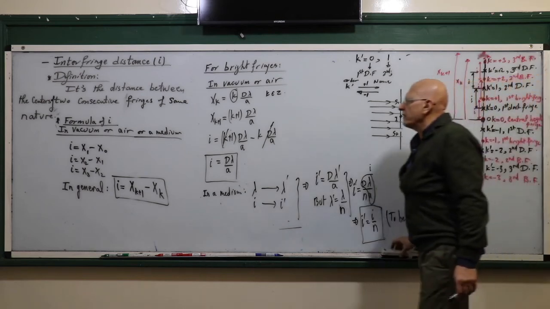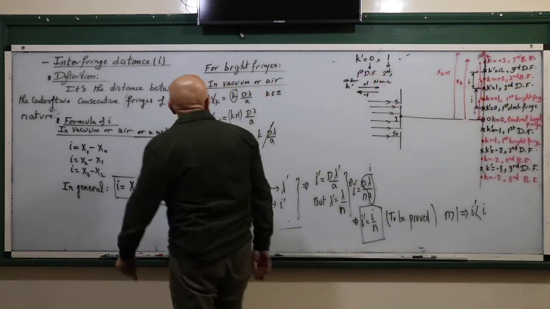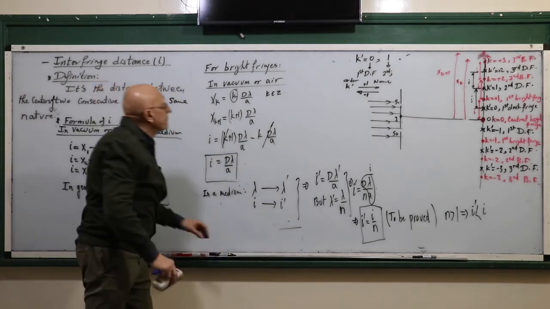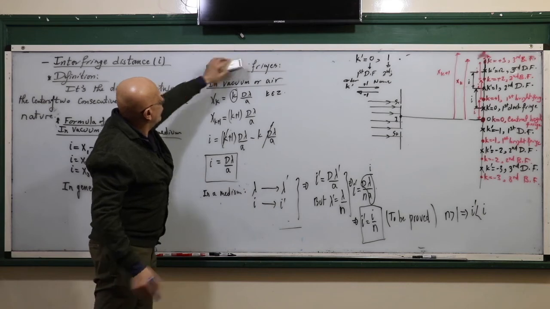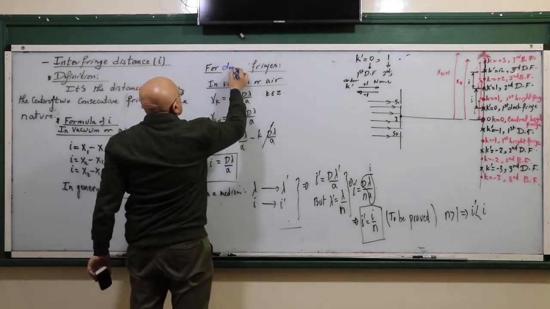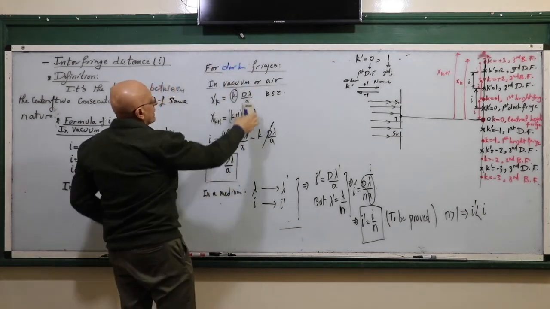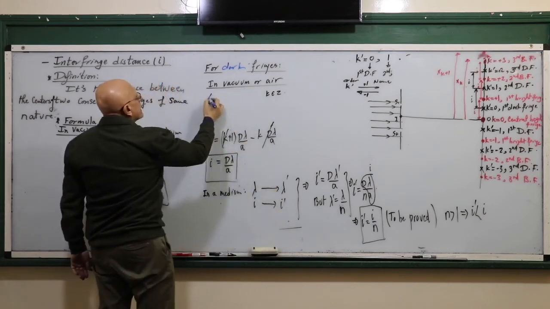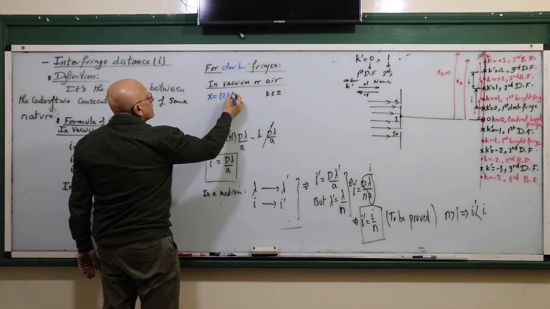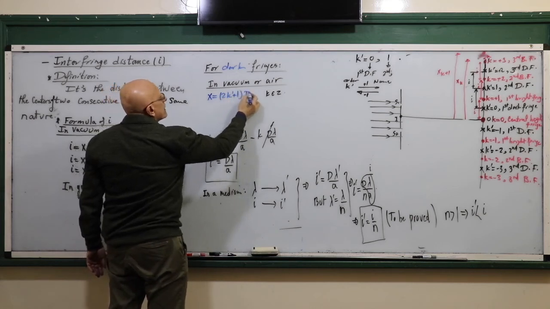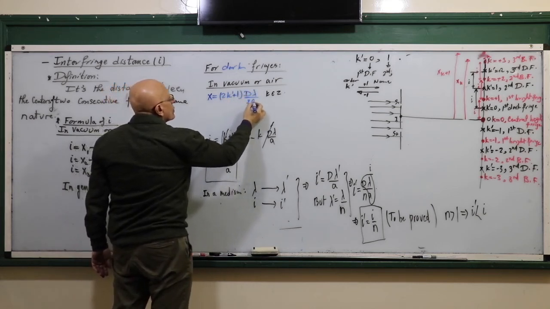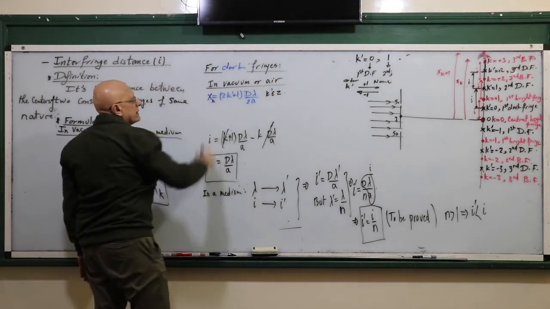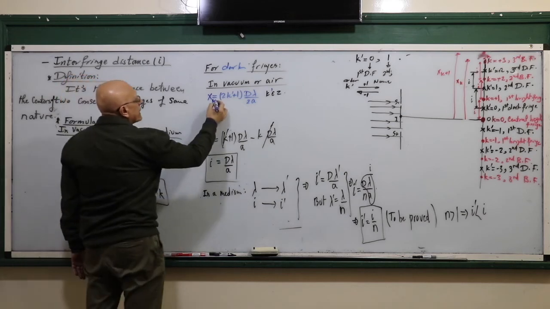Let's see for dark fringes. The same for dark fringes in vacuum or air, this will be changed. So you get here x equal to k prime plus 1 d lambda over 2a, k prime belongs to z. This is x_k of order k prime.